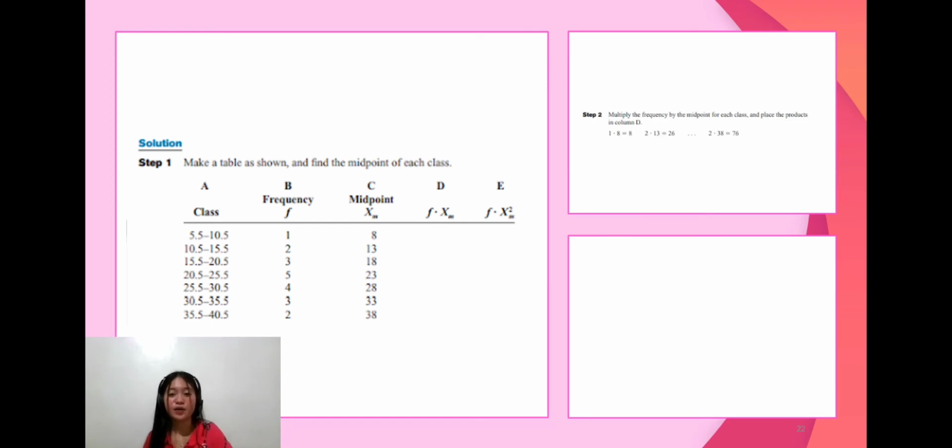Multiply the frequency by the midpoint for each class and place the products in column D. We multiply the frequency 1 by the midpoint 8, and that equals 8. Then 2 times 13 is 26, and so on. Then, multiply the frequency by the square of the midpoint and place the products in column E.